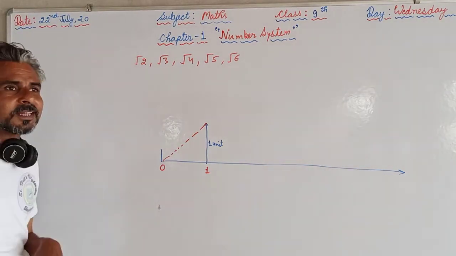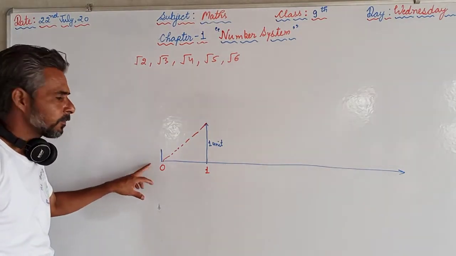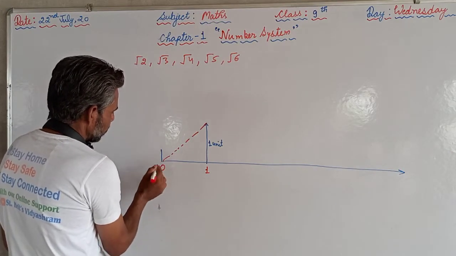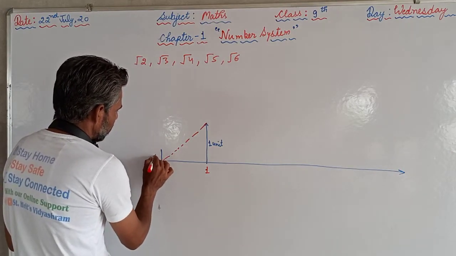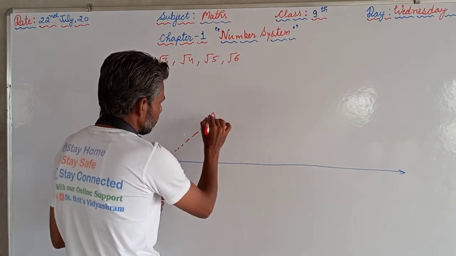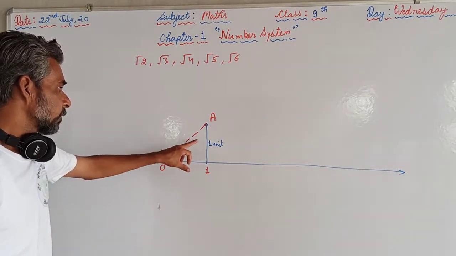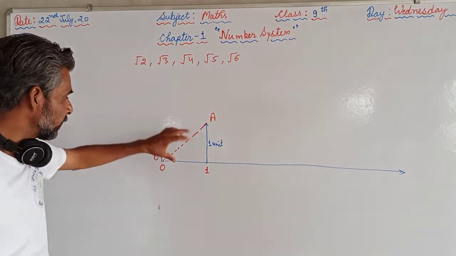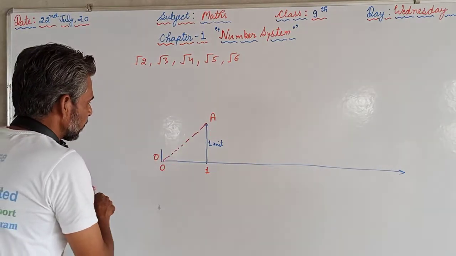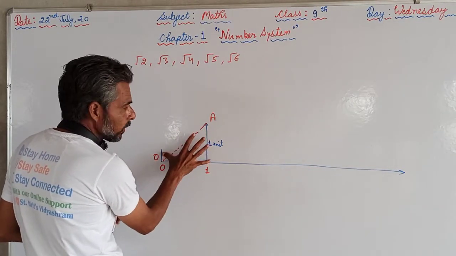Till now we are using the scale only, and when we take the compass, we will take O as the center. At the same time we can say this is 0 as well as O, and this is point A. So we will take O as the center in the compass and take OA as the radius, and we will cut an arc like this on the number line.